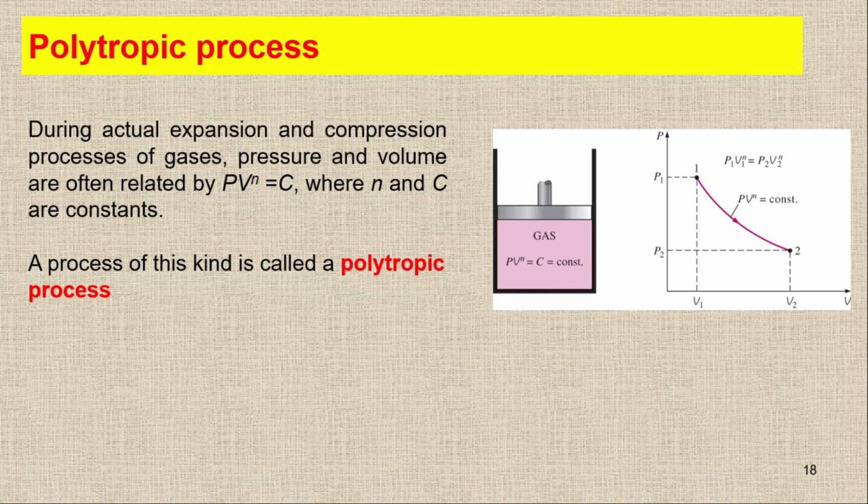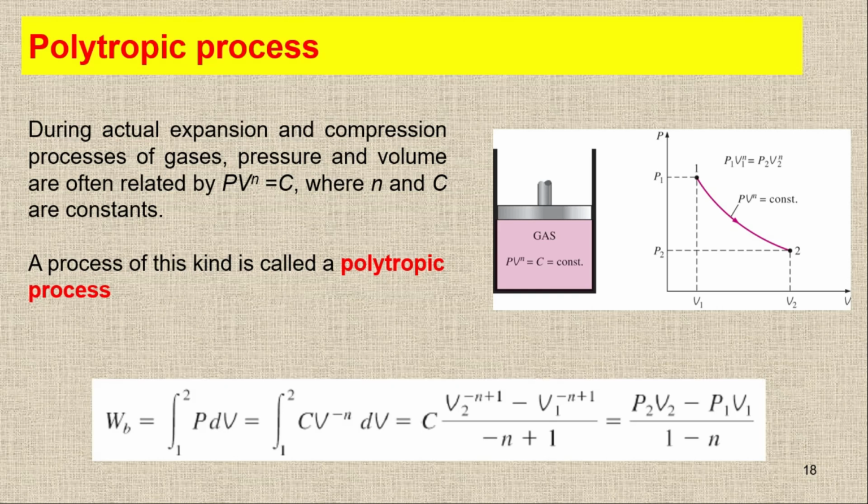So for the polytropic process, how can we find the boundary work? The answer is this one. For the boundary work, we have the basic formula, the integral of PdV between the two limits from 1 to 2. Now I can replace P by C over V^n, and I can take this C outside the integral sign.